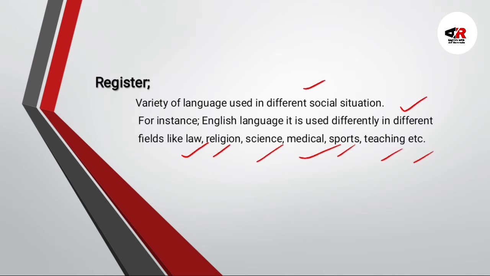In register, think about the words you choose, your tone of voice, even your body language. For example, you might behave differently chatting with friends than at a dinner party or job interview. When you go for an interview, obviously you will use formal words, but if you meet your friend, there will be no formality between you. You can use any word, even informal ones.